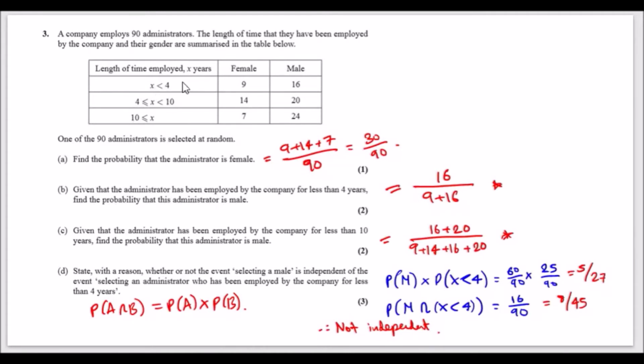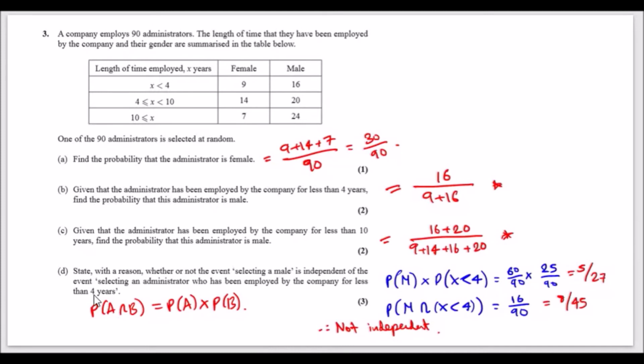So essentially less than 10 means both of them. These are all the people who were there less than 10 years: 9, 16, 40, and 20. That will be our area underneath. Now find the probability that this administrator is male. Being male, out of these four groups, is going to be 16 and 20. You just put it on the top line and simplify.